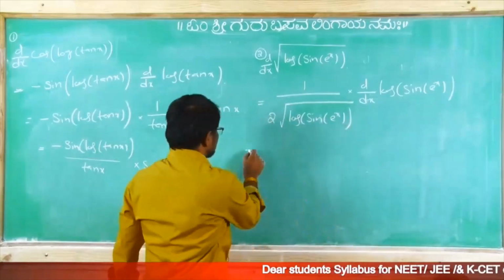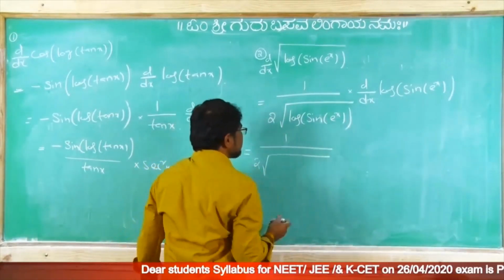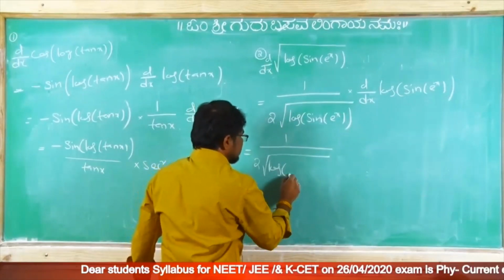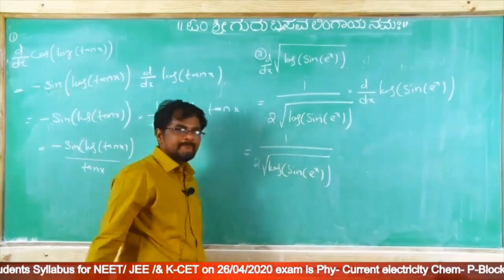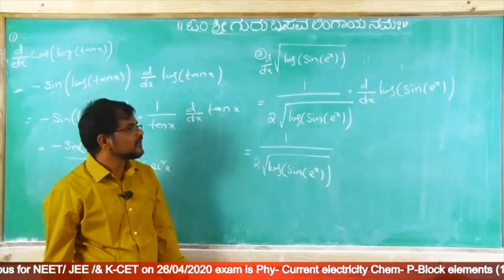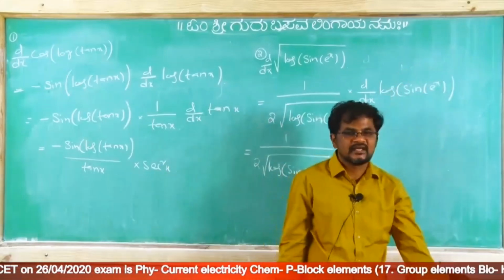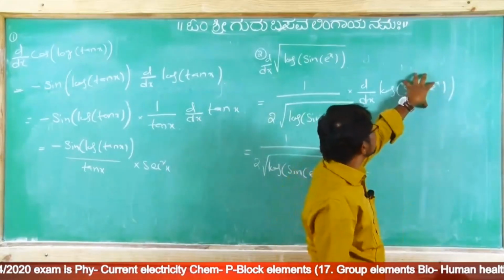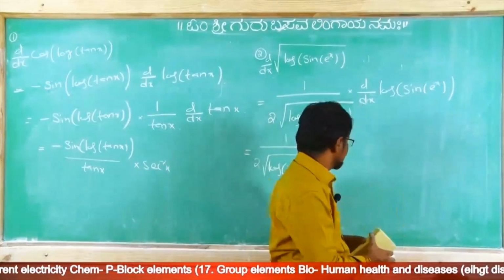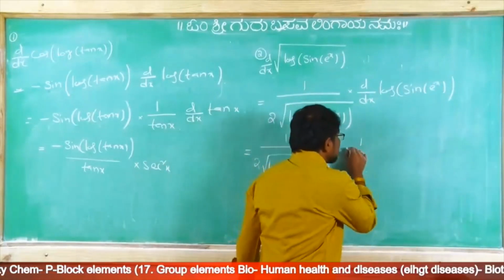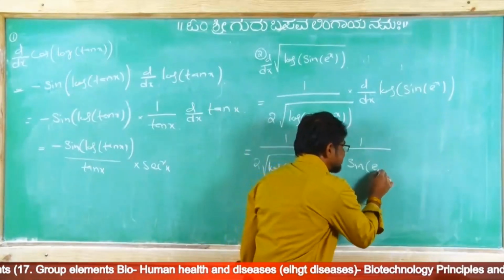Now if you take this as x, then it is in the form of log x, that is 1 by sine of e power x.